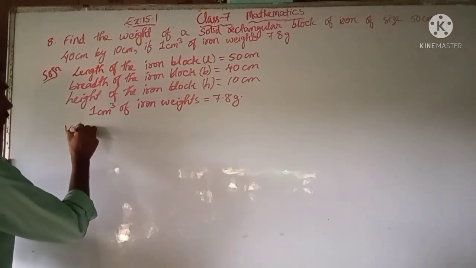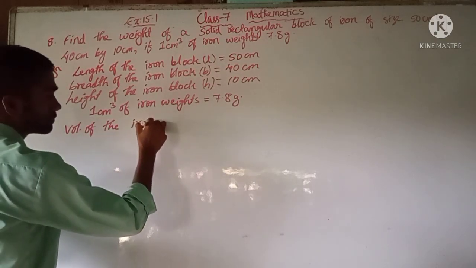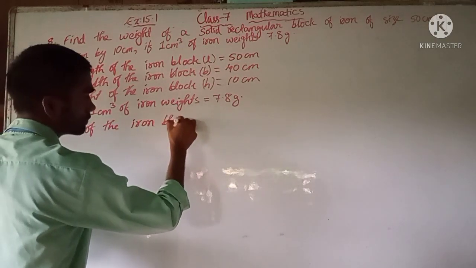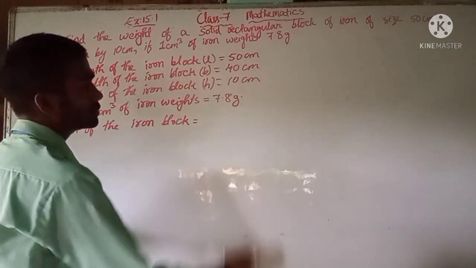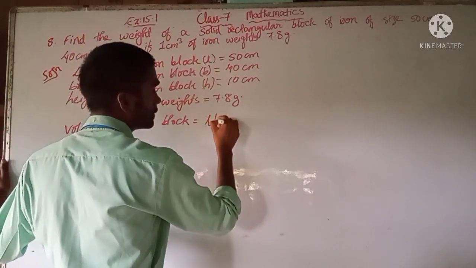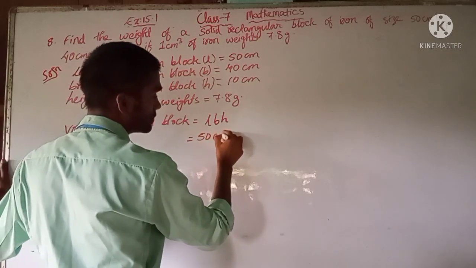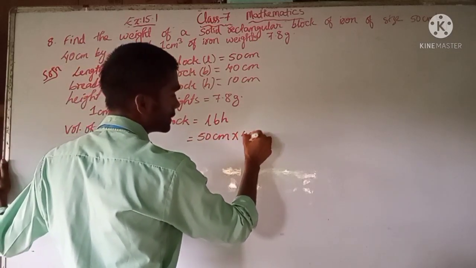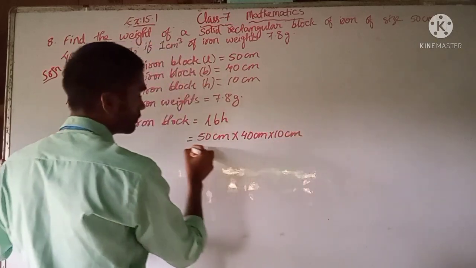So volume of the iron block will be equal to length into breadth into height, because it is a cuboid. So that is equal to 50 centimeter into 40 centimeter into 10 centimeter.